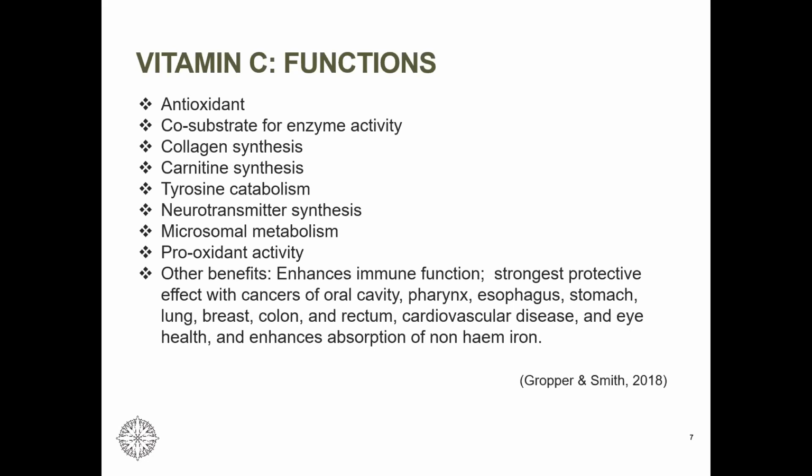So when an enzyme has to act, some of the enzymes actually have got metal ions with them, such as copper or iron. And we will study in week 4 how body changes quickly from cupric to cuprous or ferric to ferrous. And to do that, vitamin C is needed.